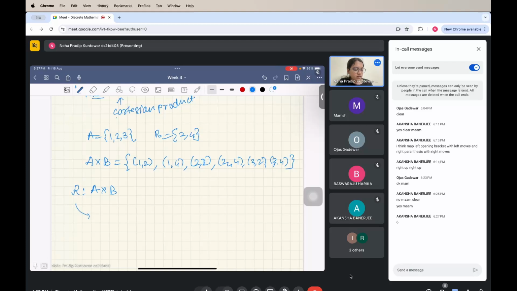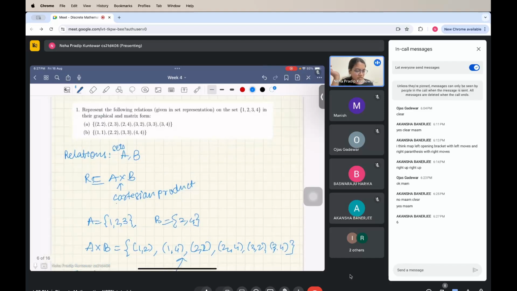So for example, {(1,2), (2,2)} is a valid relation because it's a subset of this set. But something like (5,2) is not a valid relation because this element is not in the cross product. So that is simply what relations are.